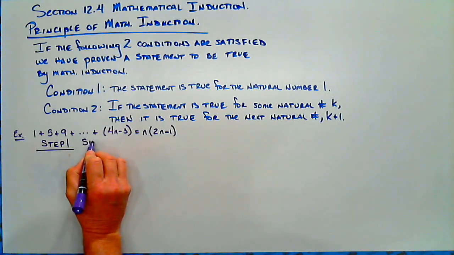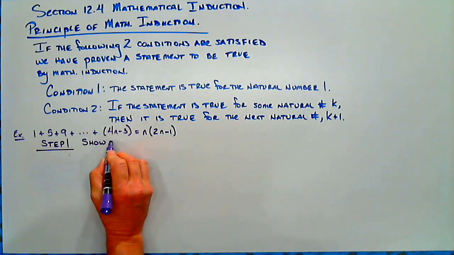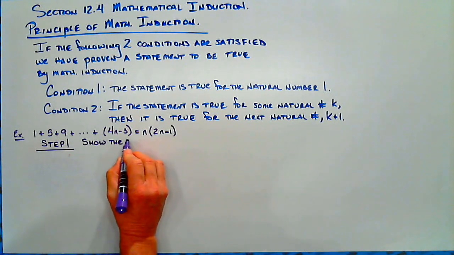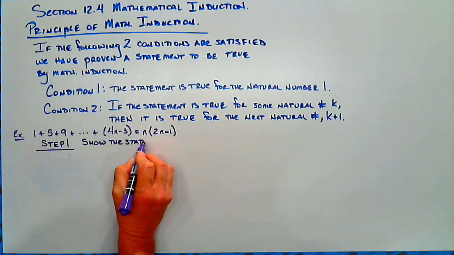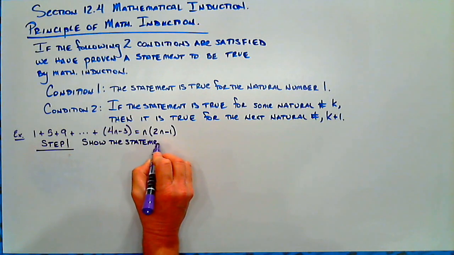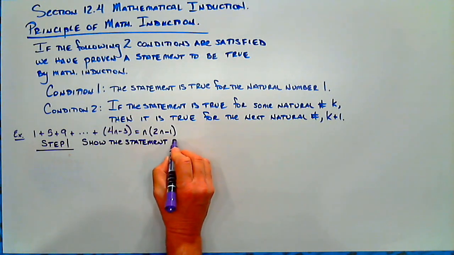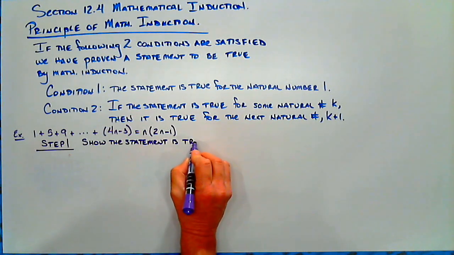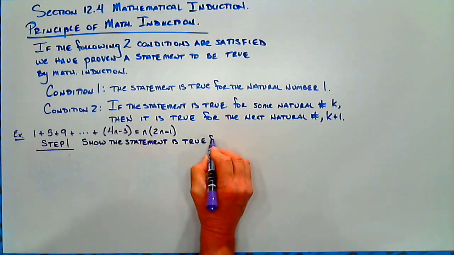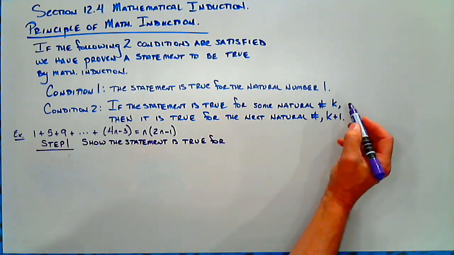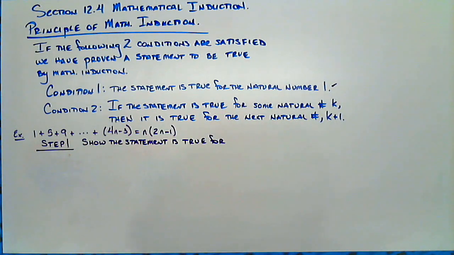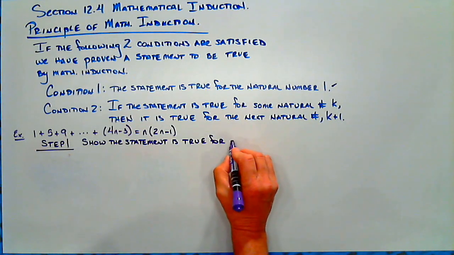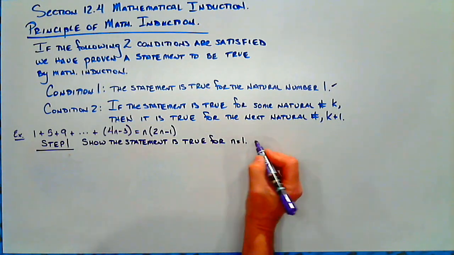We want to show the statement, and this is what we write on our paper, we're going to show the statement is true for, and it says right here, we have to show it works for 1. So we're going to say it's true for n equals 1.